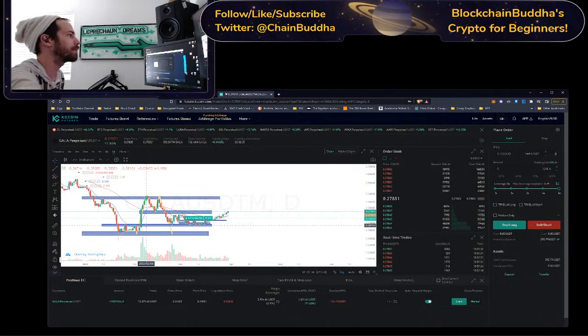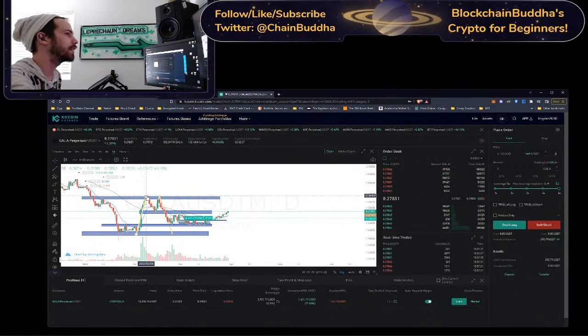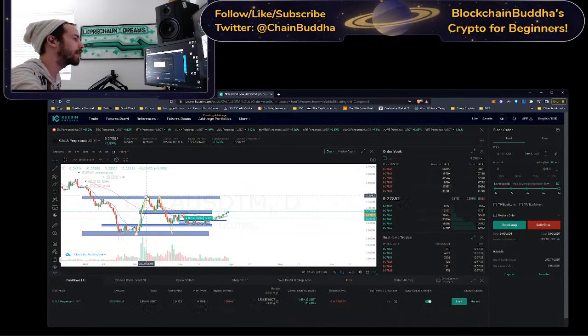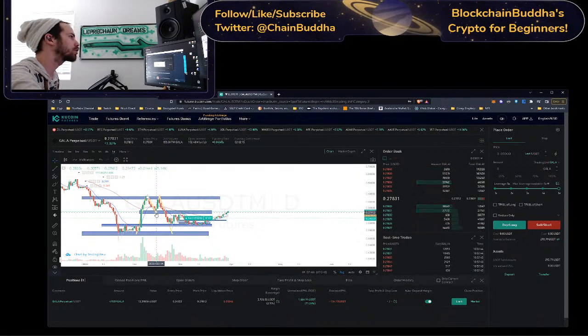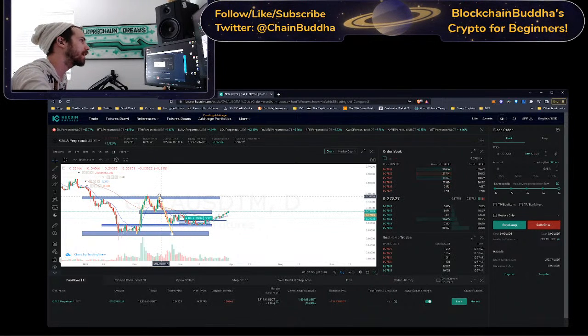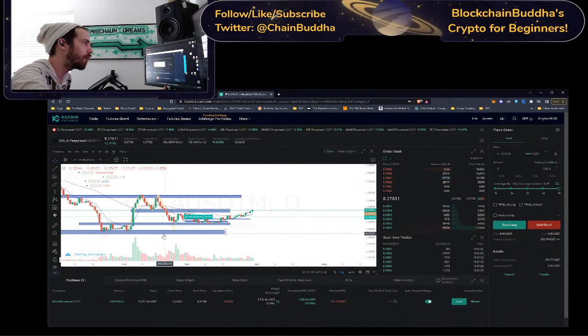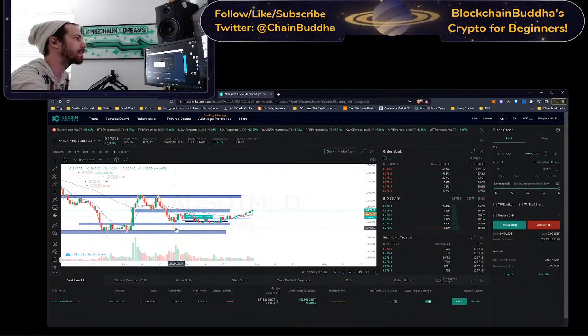It doesn't happen very often, but price shot up over here. It hit its peak at 38 cents, 38.5 cents. Came back down to the next really big support zone. Price came back up, retested to make the double top formation, and came crashing all the way back down.